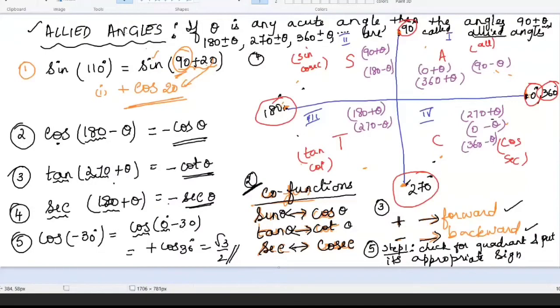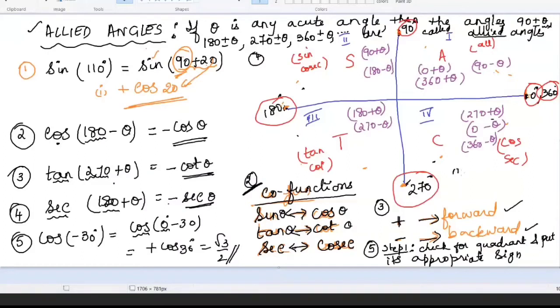Next, step 2: check for the first number inside the bracket.